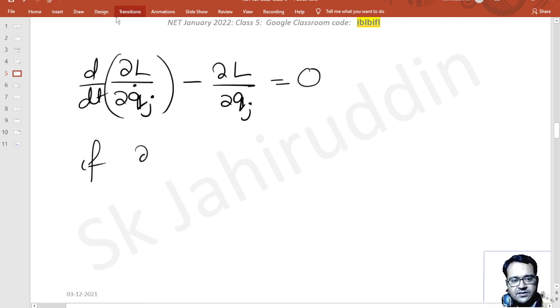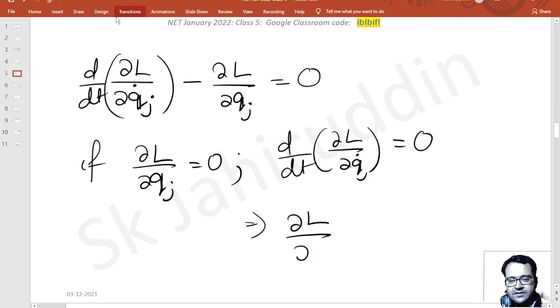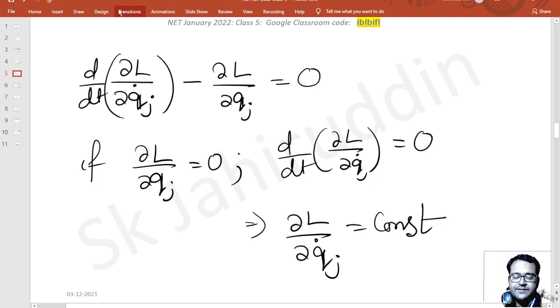If del L del Qj is 0 for any coordinate, then d/dt of del L del Qj dot is 0, hence del L del Qj dot is constant. That is very important. We'll discuss the philosophical aspect of this.